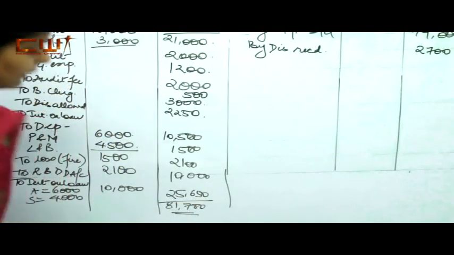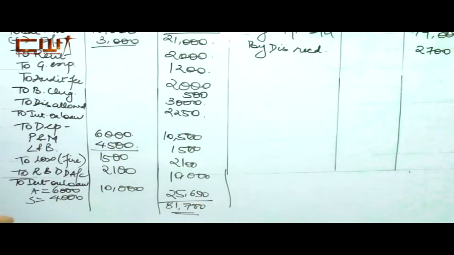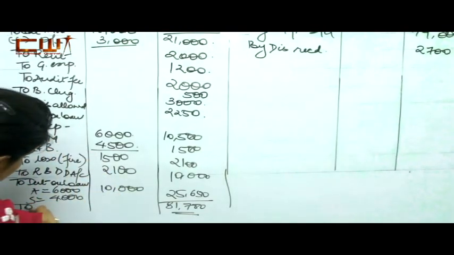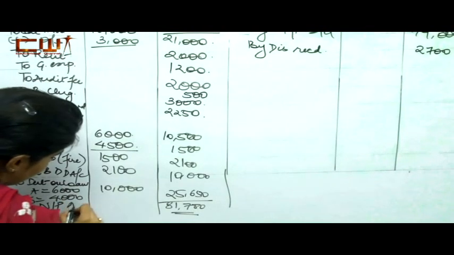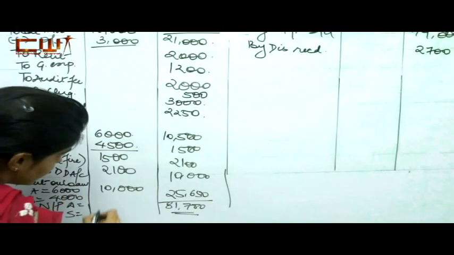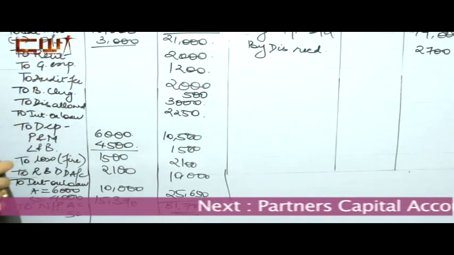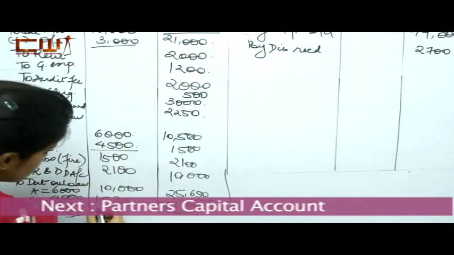25,650 will be divided between both the partners in the ratio of their capital, in the proportion of the capitals, that is 6:4 or 3:2, and that will give you 15,390. It is to net profit A and S, 15,390, and next will be 10,260.